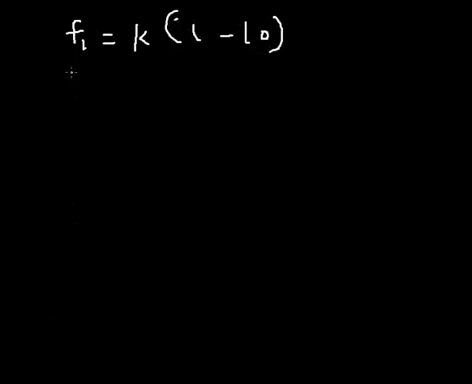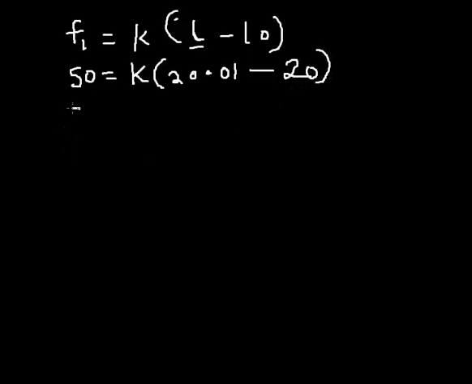The force that was supplied was 50 Newton, and it stretches the material to a final length of 20.01 minus the original length, which is 20. So 50 is equal to K times 0.01.